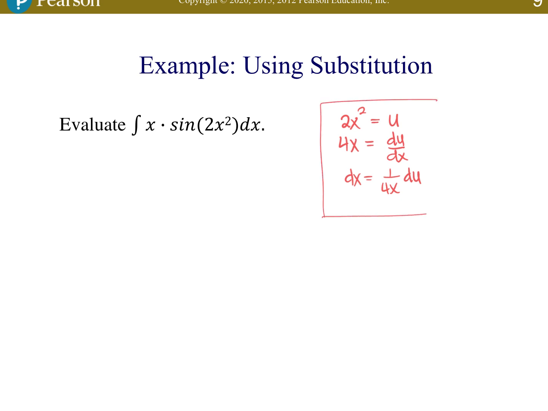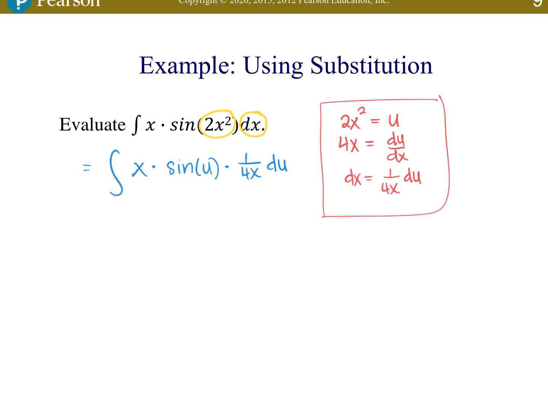So that's my pre-work. And then we'll go back to my original equation and figure out what I can substitute for. What we're going to substitute for is what we chose in the parentheses and the dx. And for the moment, we're not going to worry about that x because we're going to trust the process. So I'll end up with x times the sine of u and then times the fraction 1 over the 4x times the differential of u.